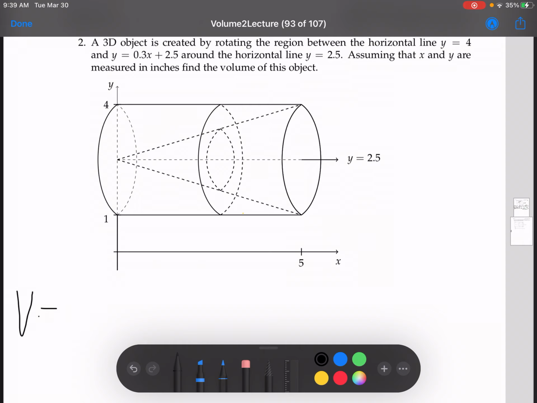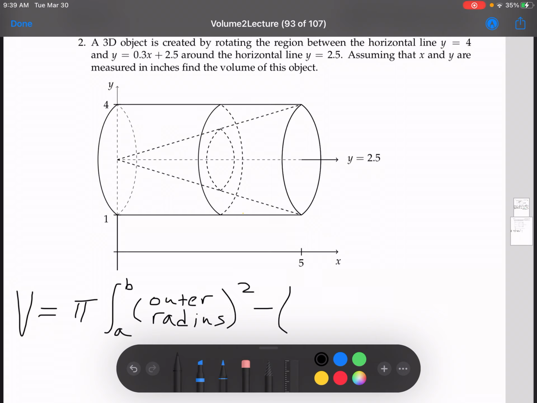The volume V is pi times the integral from A to B, where to start, where to stop. We have the outer radius squared minus the inner radius squared dx.